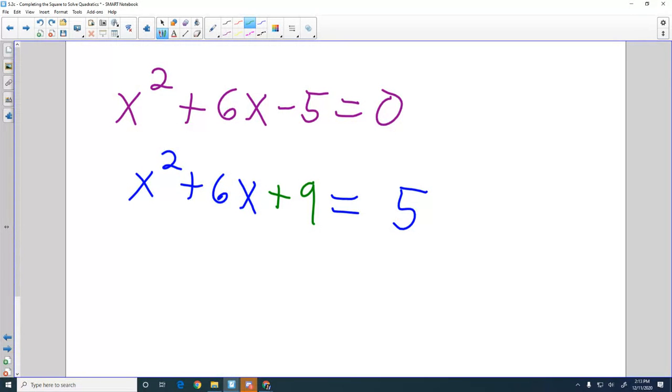But in order to do this, we have to think algebraically. This is an equation, it needs to be balanced. Mathematically, I can't just randomly add in 9 to an equation. So there are technically two options here. I want you to think of this equal sign as like a teeter-totter.